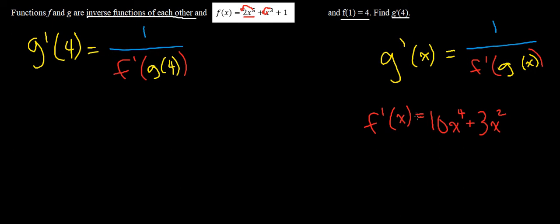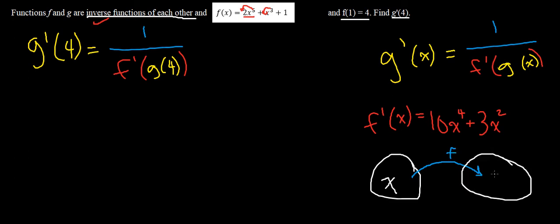Now we go back over here. We know what f prime of x is, and we want to find specifically f prime of g of 4. They didn't tell us what g of 4 is, so how can we find it? We were told that f and g are inverse functions of each other. If we input x into f, we are given an output of f of x.